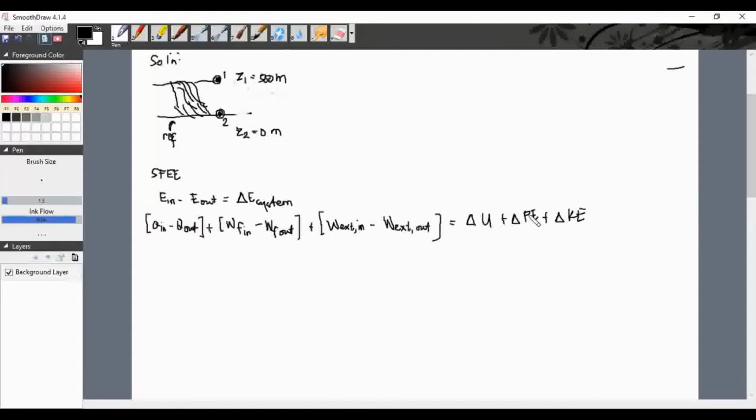In this case, no heat loss or heat gain was mentioned, so we can say Q in is 0 as well as Q out.